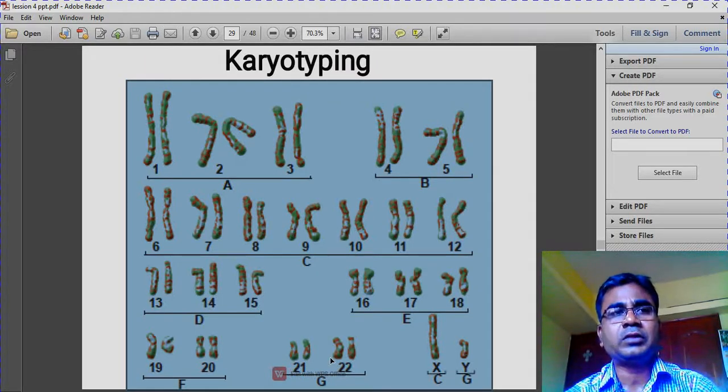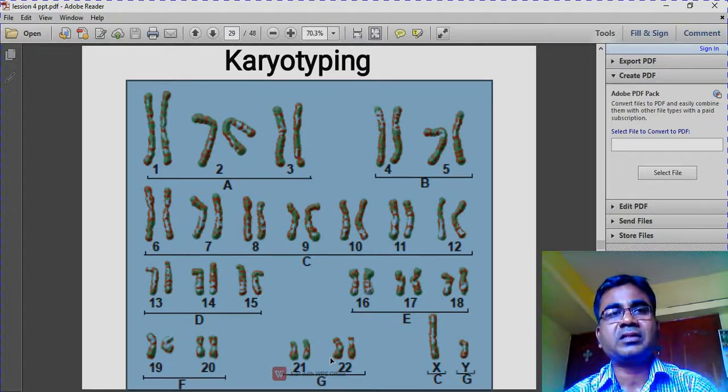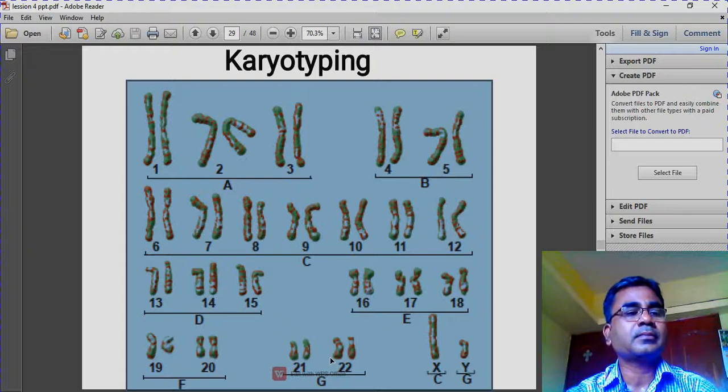These photographs are then cut based on the structure, and all the chromosomes are arranged properly based on their size and their pair. That diagram is a karyogram, otherwise called an ideogram, or human karyotyping. So this picture is a human karyotyping.